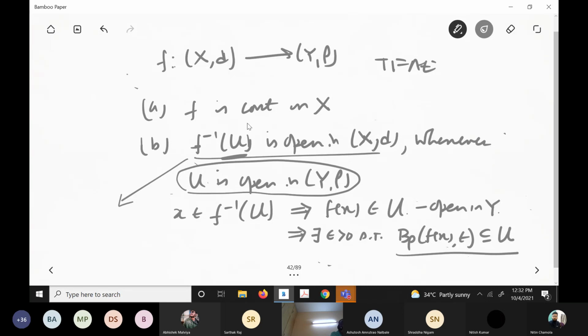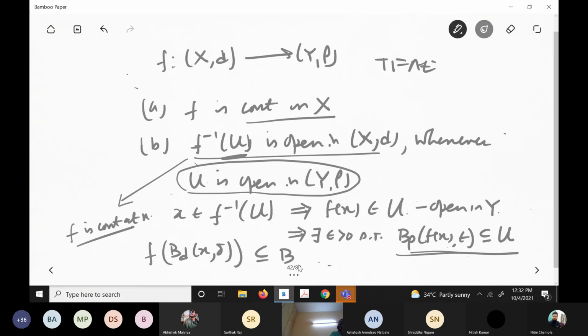But look, I have given f is continuous on X. So particularly f is continuous at x. That you'll have to use. But since f is continuous at x, I have this. So there exists the ball around this, B_d(x, delta), f of it will be contained in this. But this means what? To go for this.